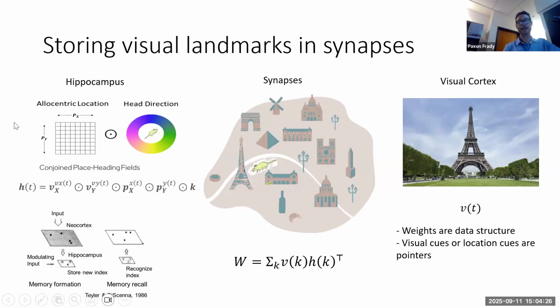And so here the idea is, okay, I want to make this map of space and store visual landmarks inside of this map by linking vision to this hippocampus place code in synaptic weights. But if we're going to link position to vision, it very much matters which way we're facing.